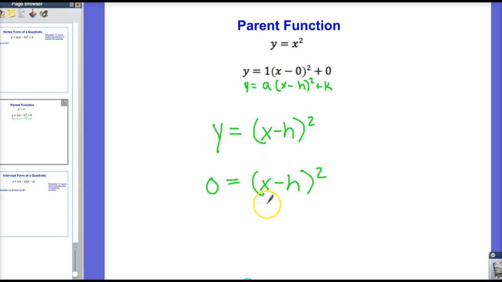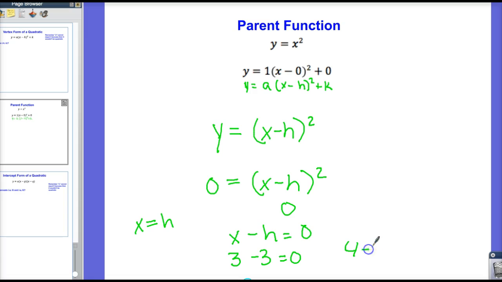So if we're staying with that, then we know y is 0, which means x minus h squared has to be 0. Well, how can this be 0? A quantity squared, the only thing squared that equals 0 is 0, which means x minus h has to be 0. So, how can x minus h equal 0? Well, that's easy. If x is h, we can have 3 minus 3 equals 0. We can have 4 minus 4 equals 0. We can have negative 5 minus negative 5 equals 0.